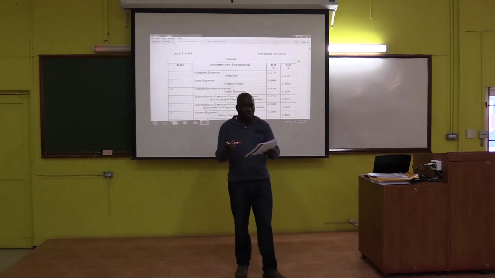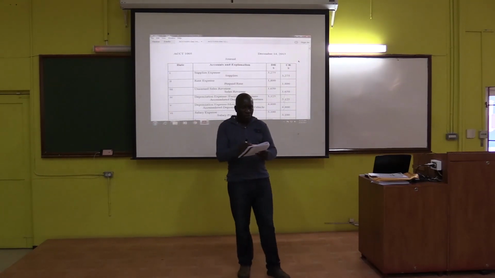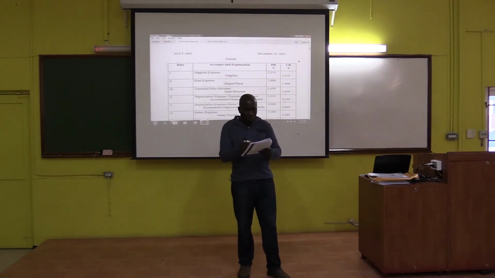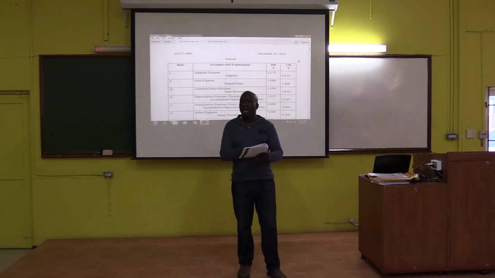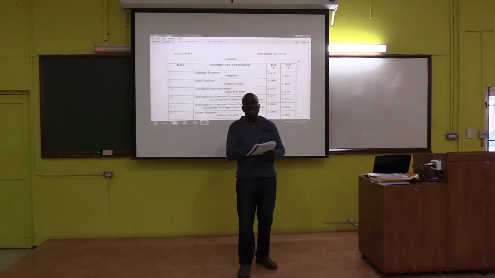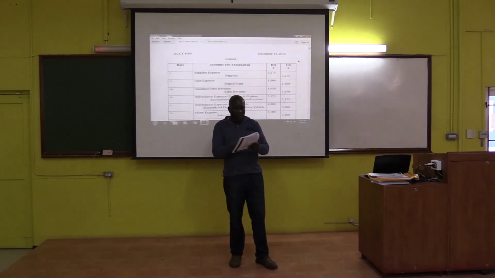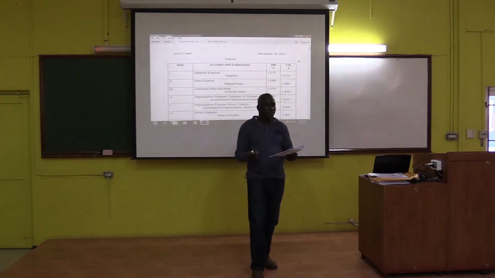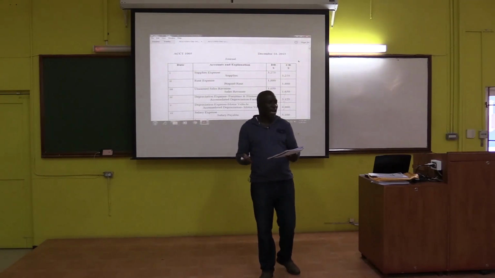So if you look right here on the trial balance, from cash all the way to withdrawals are balance sheet items. So they've already arranged everything for us to make life easy for us. Then from sales revenue all the way down to interest expense are income statement items.